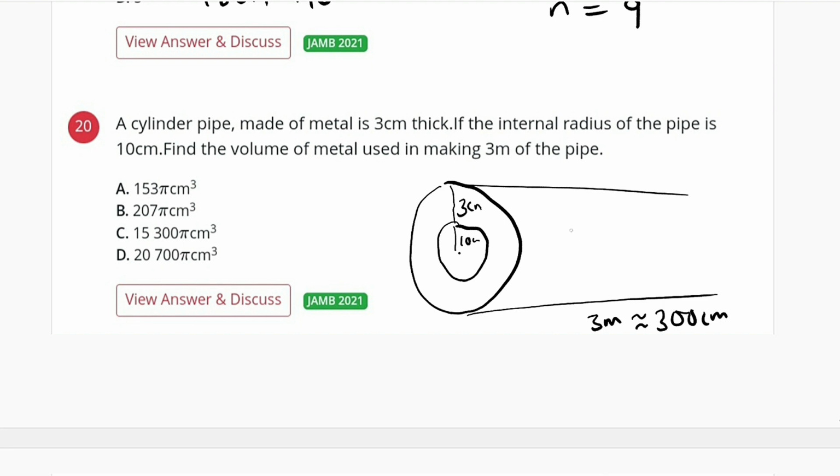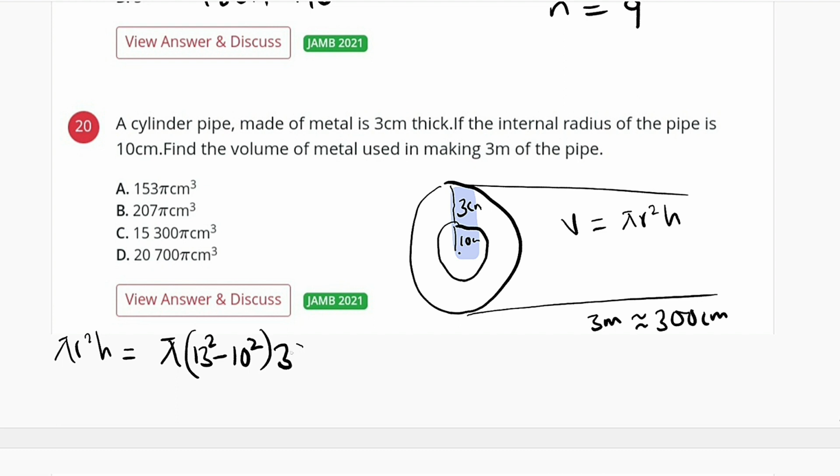So remember, the volume is equal to pi r squared h. Now let us substitute. We have pi multiplied by r squared, but this time around we have 2 r's, the internal and the external. The external will be 3 plus 10, which is 13. So we have 13 squared, then minus the internal, which is 10 squared. Then h is 300.